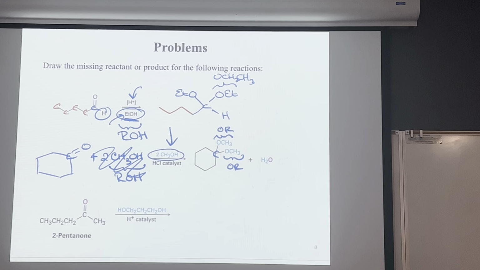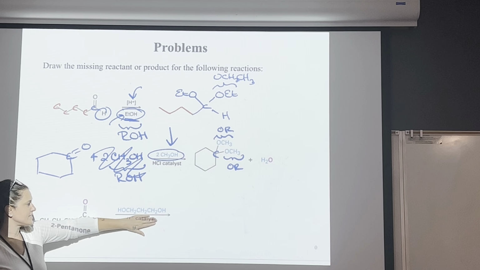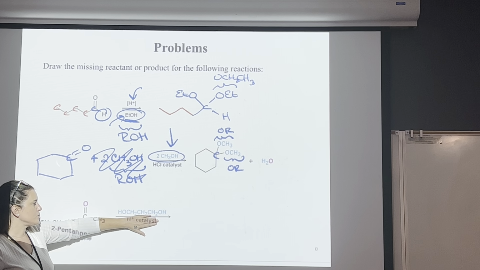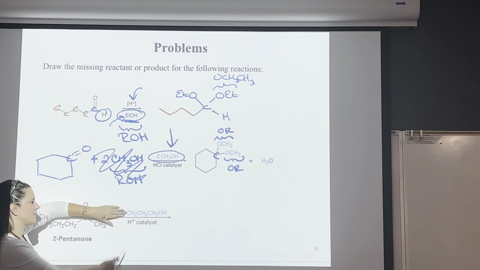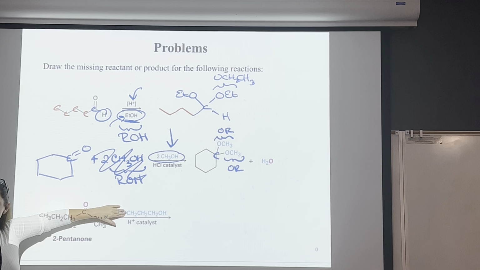All right, so let's do 2-pentanone. So is that an aldehyde or a ketone, folks? 2-pentanone, the one on the bottom. It's a ketone. It has the -one ending, so it must be a ketone, right, folks? You have a carbonyl carbon bonded to 2 different R groups right here. Now, notice this right here. Do we see the ROH here?